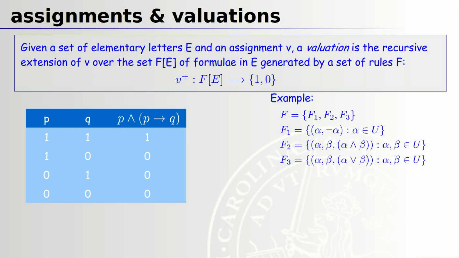The precise rules used to construct our set of logic formulae depends on the operators we allow, but these could be the rules for and, or, and not. The valuation can then be seen as extending the truth table infinitely to the right, with one column for each well-formed formula.